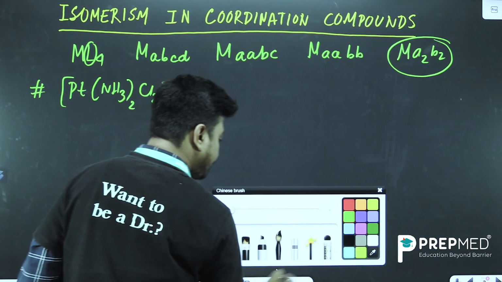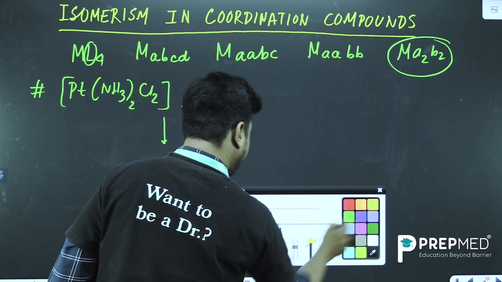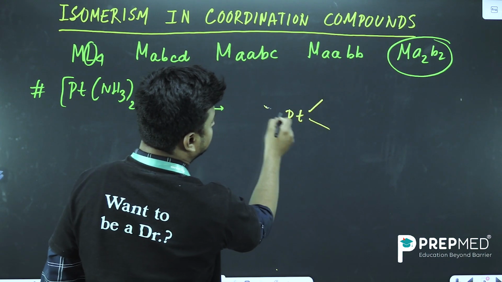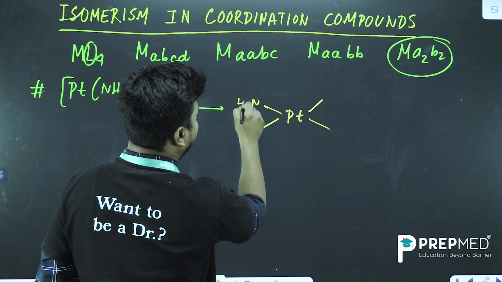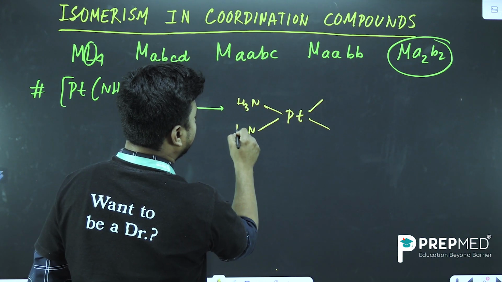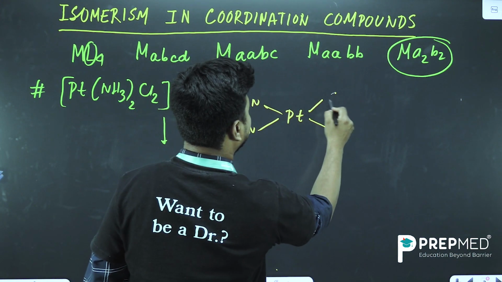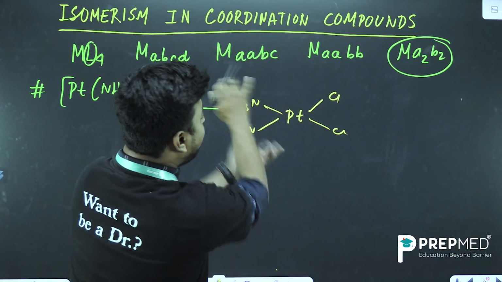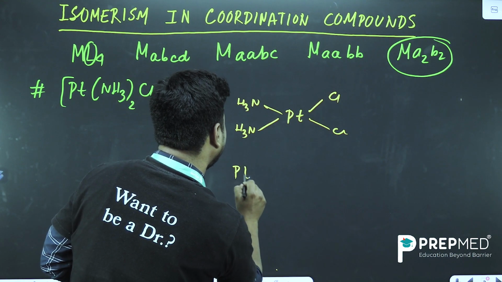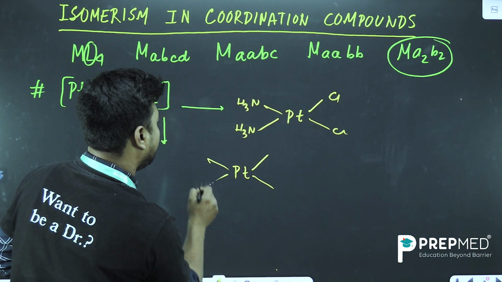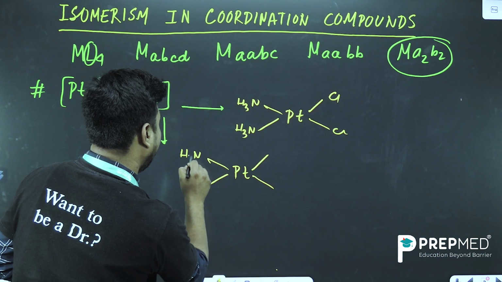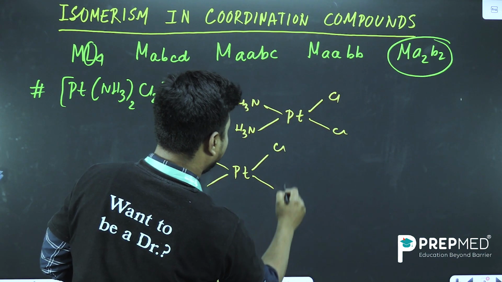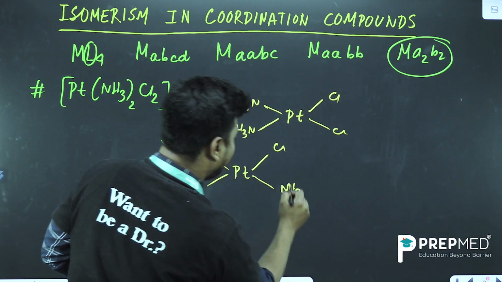पहला form क्या है? पहला form देखते हैं. The first form is your Pt(NH3)Cl. This is the first one. Or if we exchange this one, then what we will get? Pt NH3 Cl NH3.